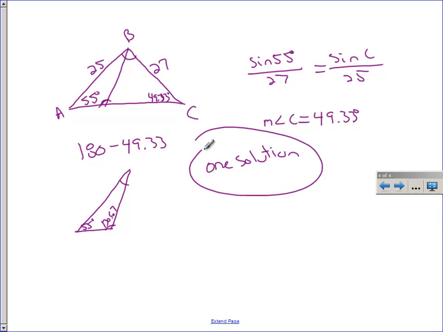Alright, so let's take a look at the next example where angle A is 55 degrees and then across from angle A is 22. And then across from angle C, or side length C, I'll let that be 25.